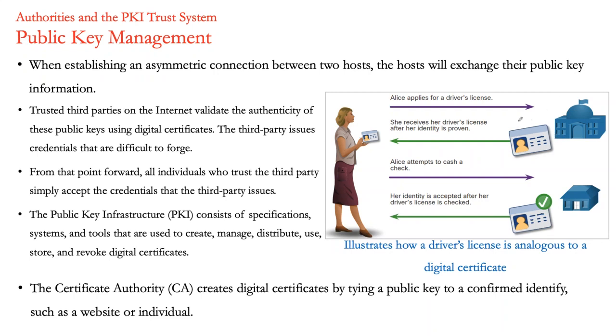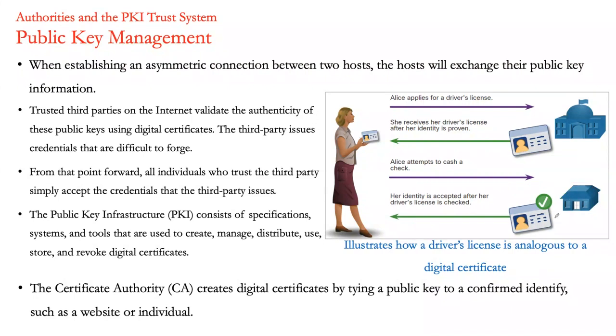Then when Alice goes to the authority, they will verify Alice's identity, and she will receive her driving license after her identity is proven. So one certificate is given, and that certificate is digitally signed by this authority. Suppose Alice attempts to cash a check. In that case, her identity is accepted after the driving license verification to do the cash transaction.